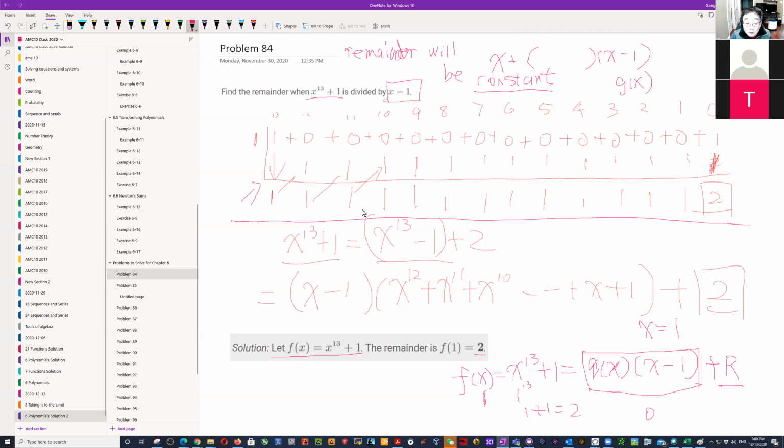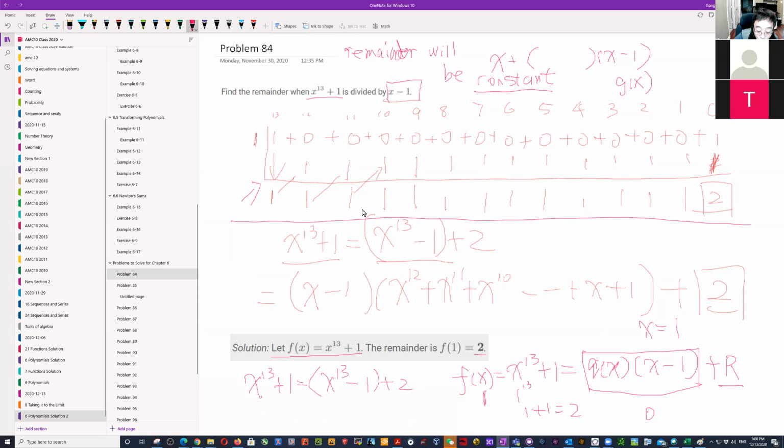This gave you the quickest way, using the remainder theorem, or you could brute force it with synthetic division. Another way I'm showing you is that if you know the formula, x to the 13 plus 1 is actually x to the 13 minus 1 plus 2.